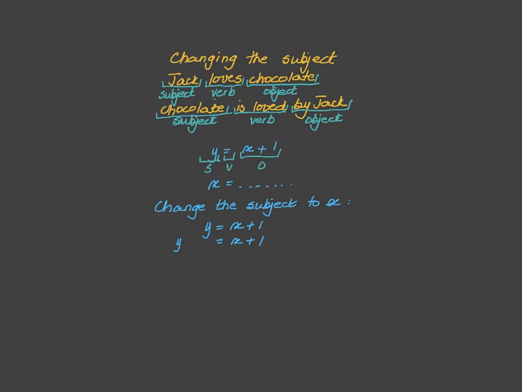On the left side, you have y minus 1, and on the right-hand side, x plus 1 minus 1. That will leave you with, on the left-hand side, y minus 1 is equal to, and on the right-hand side, x plus 1 minus 1 is x, because plus 1 minus 1 is 0. We've actually finished. We've just got it the wrong way around. X is equal to y minus 1 is exactly the same thing.